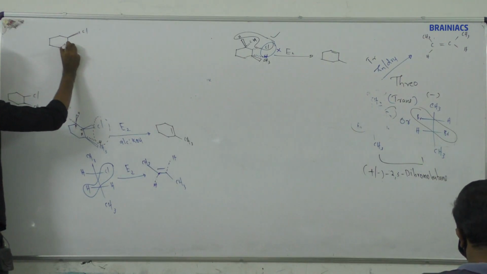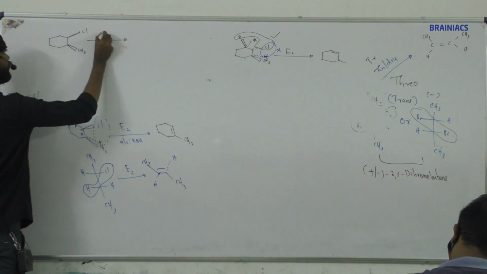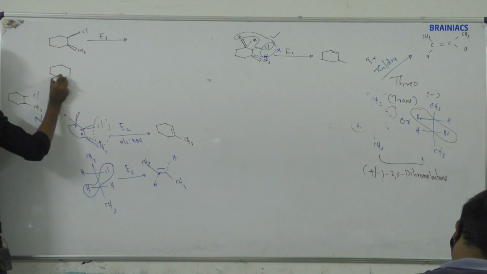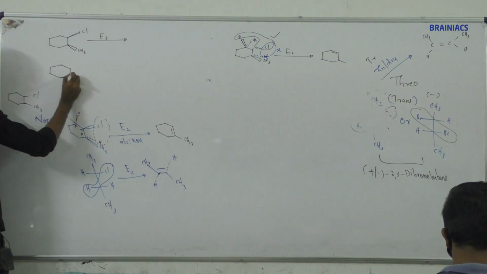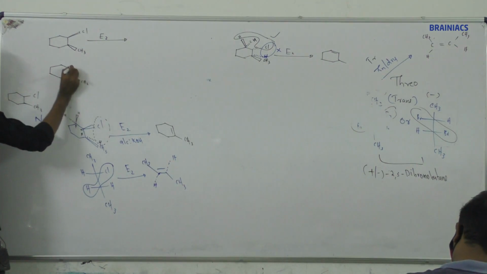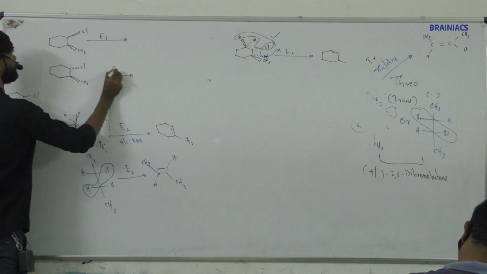Chlorine, methyl. This is the first question, and it follows E2. They said that it follows E2. In the second case, the methyl is in the wedge, but the chlorine changes to dash. E2.